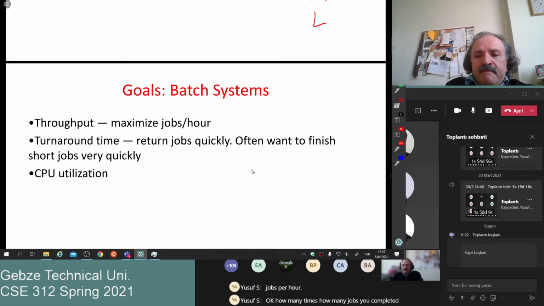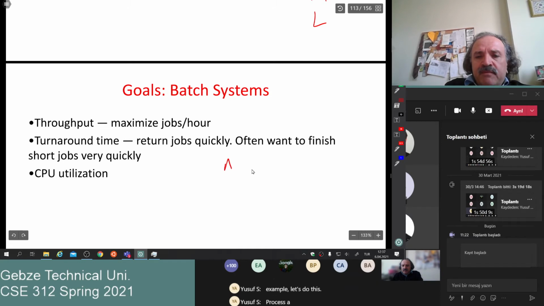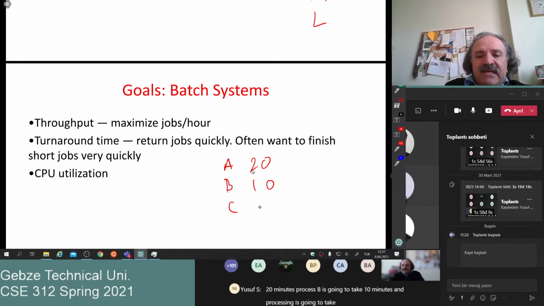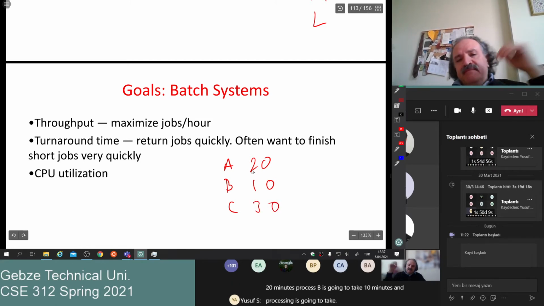For example, let's do this. Process A, I know, is going to take 20 minutes. Process B is going to take 10 minutes, and process C is going to take 30 minutes.